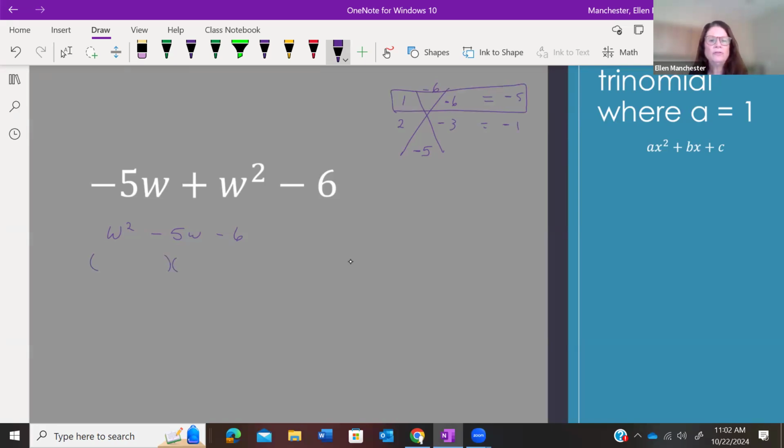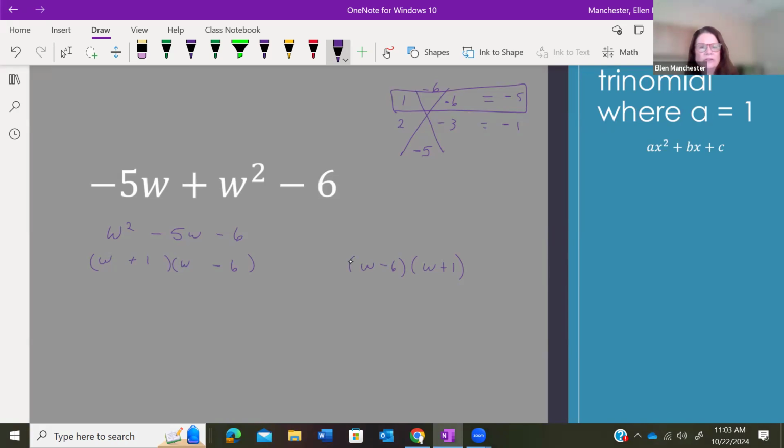So 2 sets of parentheses, W times W gives me W squared, plus 1, minus 6. Now, it does not matter what order. I could have written it as W minus 6, W plus 1. Switching the entire binomials is fine, but the signs have to be in that order.